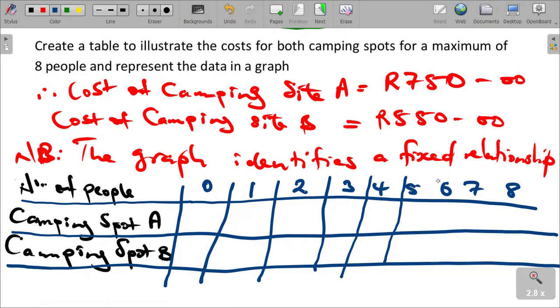The number of people who are going to go for the camping. That is what we have here.